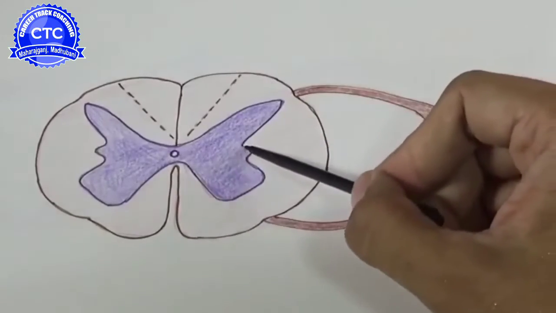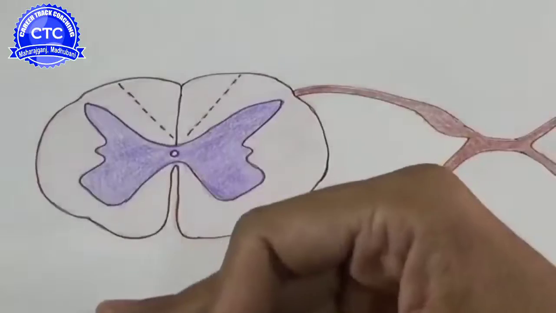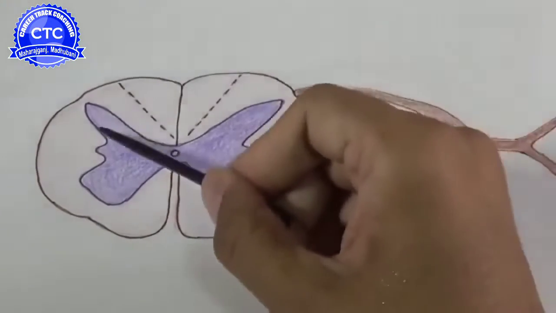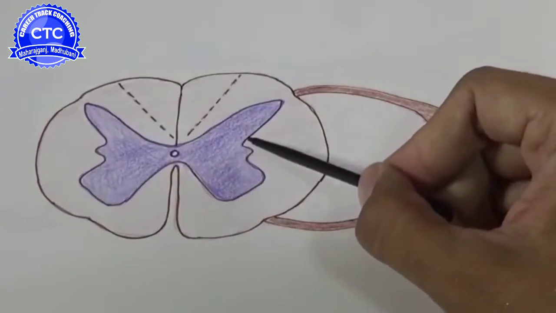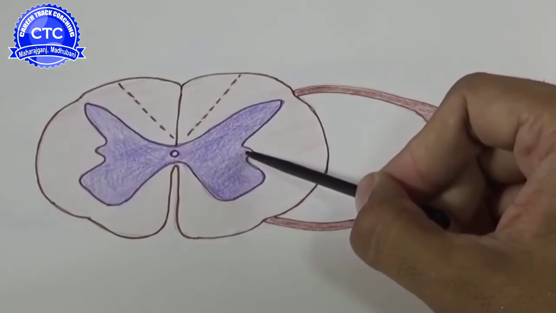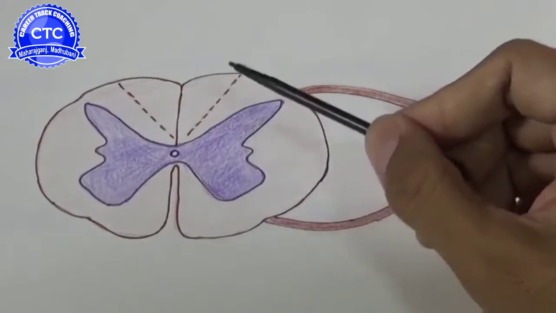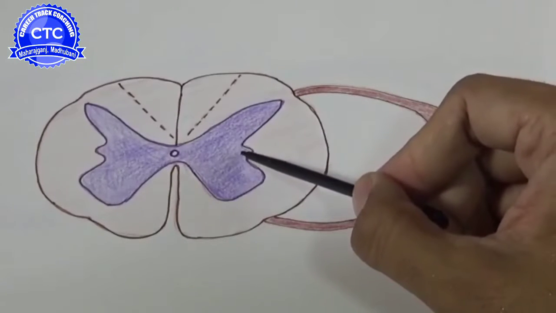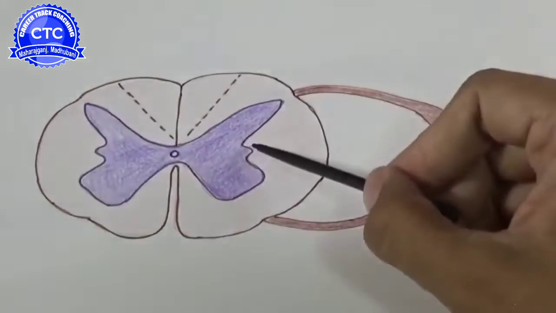Similarly, in the S2, S3 and S4 segments, if we take sections of S2, S3 and S4, then again we will get lateral horns that will contain preganglionic neurons of the parasympathetic system. So for parasympathetic, the craniosacral outflow, the S2, S3, S4 sacral outflow belongs to this lateral horn.